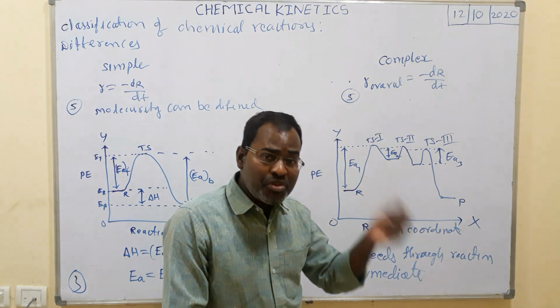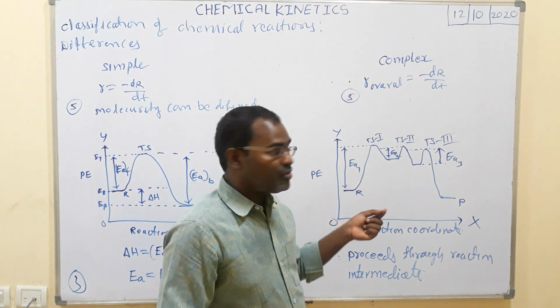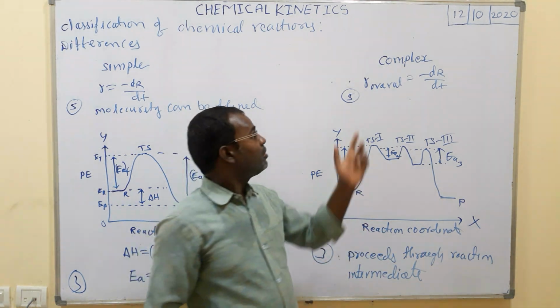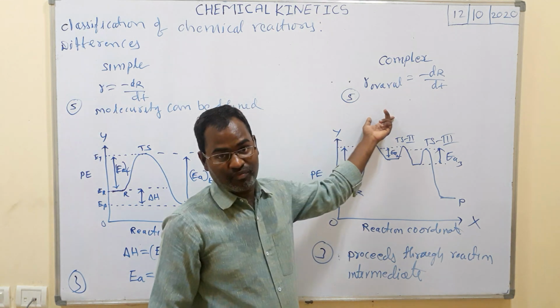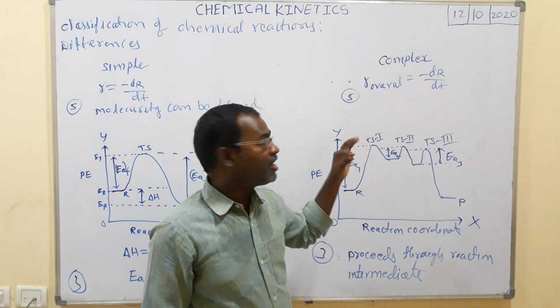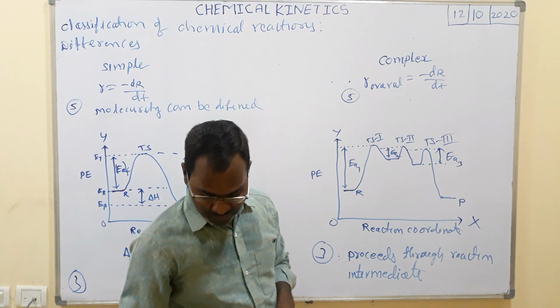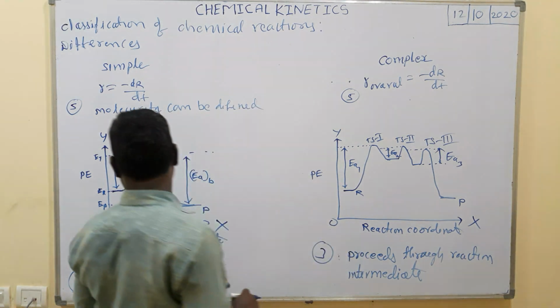The molecularity of each elementary step should be given, so the overall molecularity is not given, whereas for each step we are able to define the molecularity. That is the fifth point.